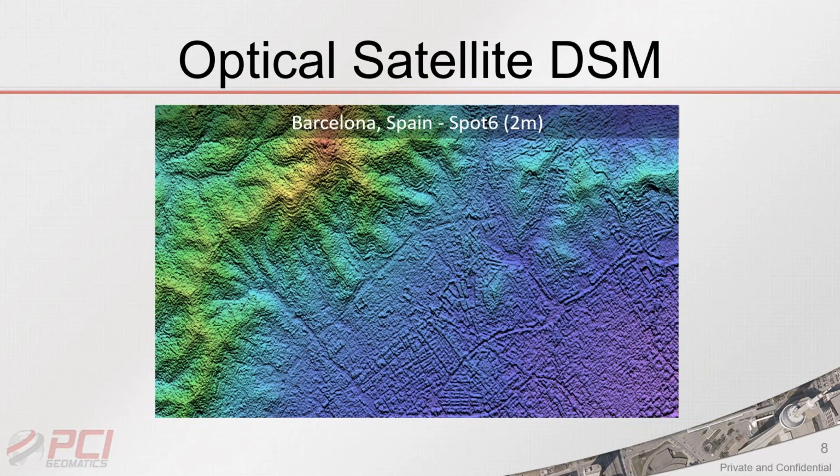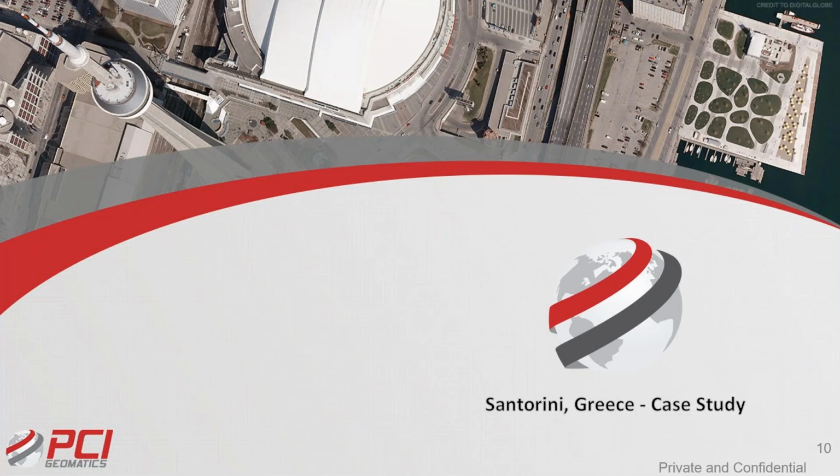Now, the SPOT 6 panchromatic resolution is, I believe, in the 50 centimeter range, and the level of detail that could be attained is again a little bit different, but you can again see some very nice natural terrain features, and also some surface features for this particular DEM, which is over Barcelona, Spain. And with that, I'm going to pass things over to Jean, who's going to walk us through the case study on Santorini. Jean, take it away.